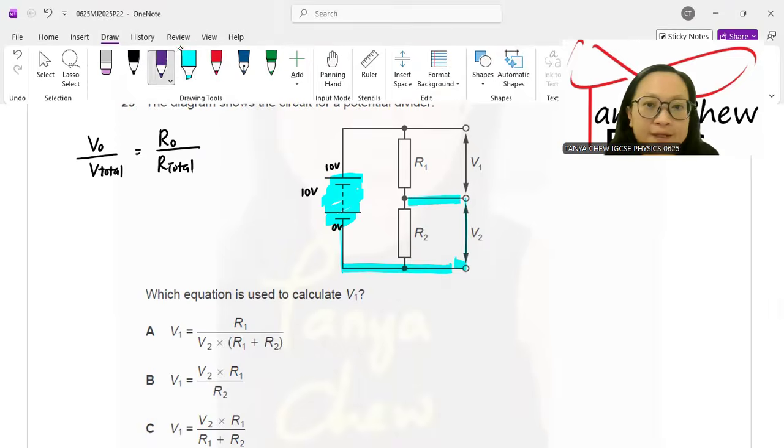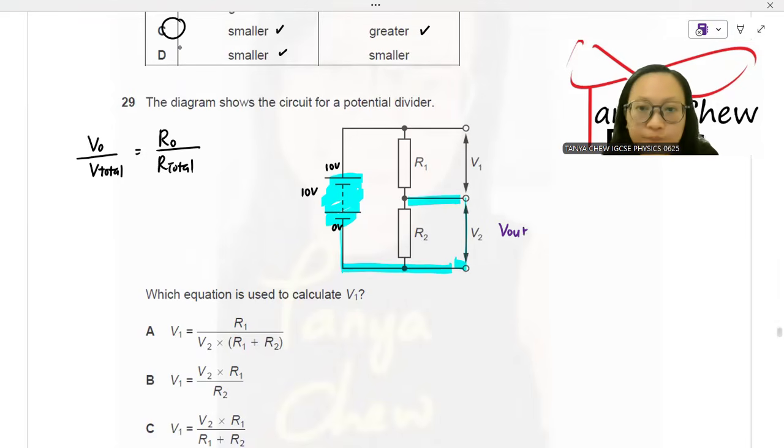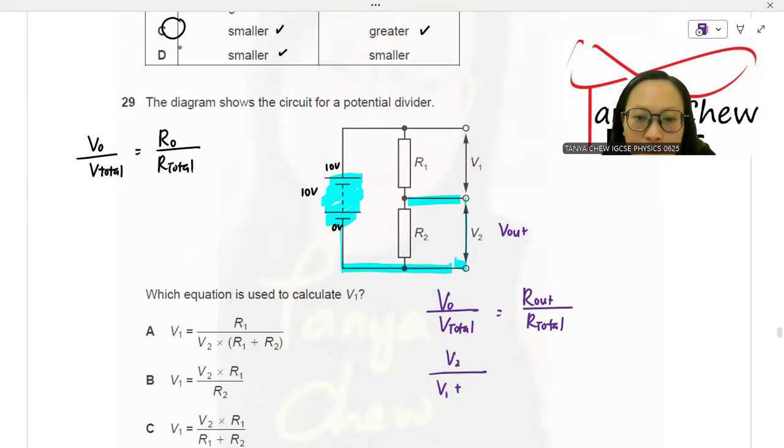So I'm going to connect this as my V output. I write down V output over V total is equal to R output over R total. V output is my V2, V total is V1 plus V2. R output is the one that is connected to V output, which is R2. R total, because R1 and R2 are connected in series, is R1 plus R2.